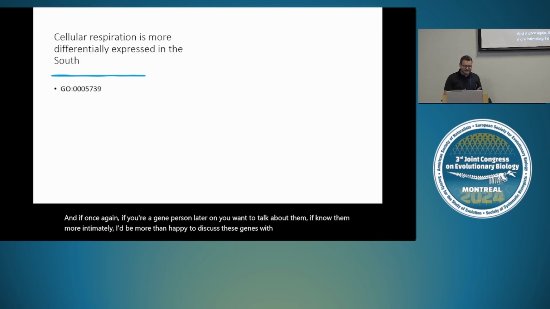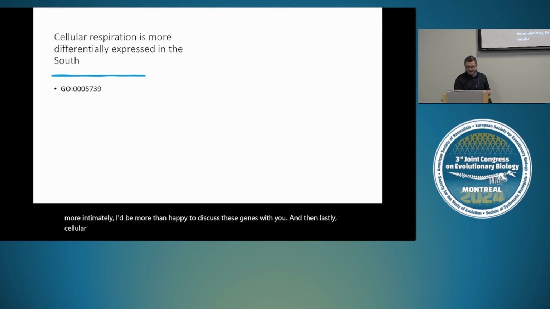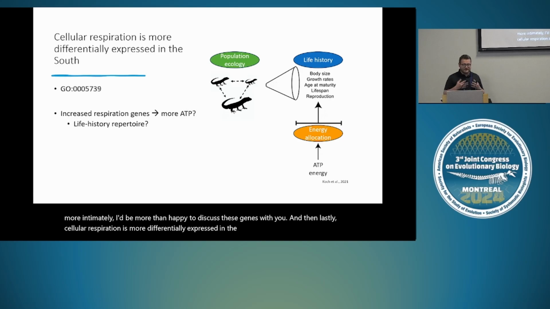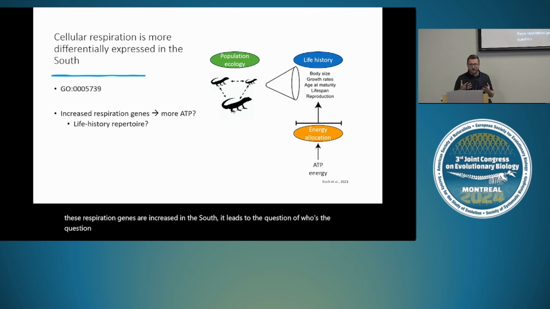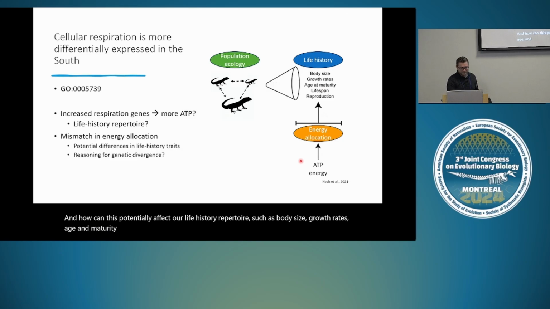And then lastly, cellular respiration is more differentially expressed in the south. So if these respiration genes are increased in the south, it leads to the question of whether there is more ATP being generated. And if there is more ATP, how is that energy being allocated within and between the populations? How can this potentially affect a life history repertoire, such as body size, growth rates, age of maturity, lifespan, and reproduction?